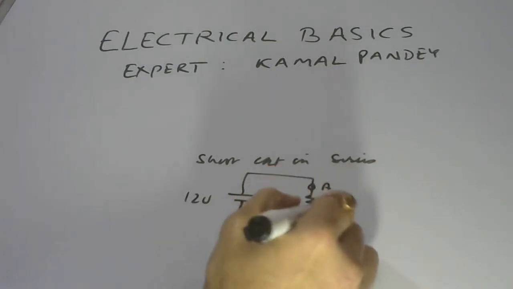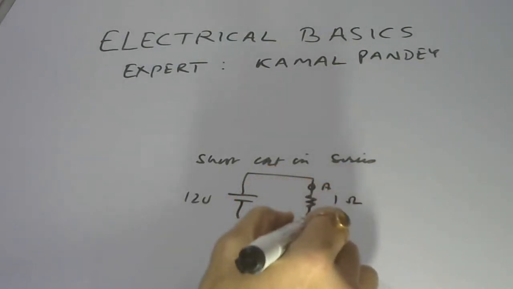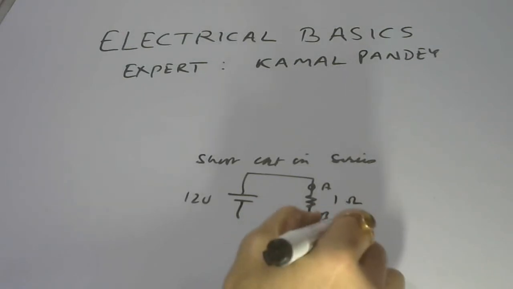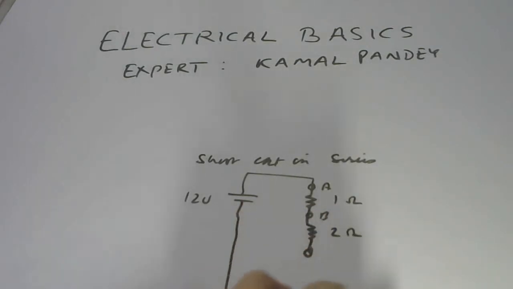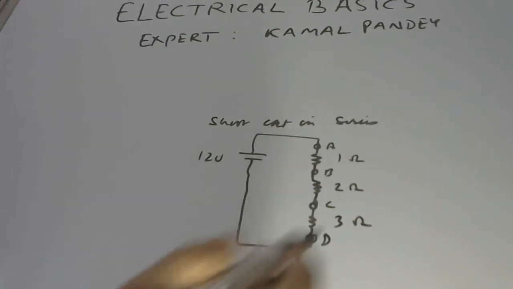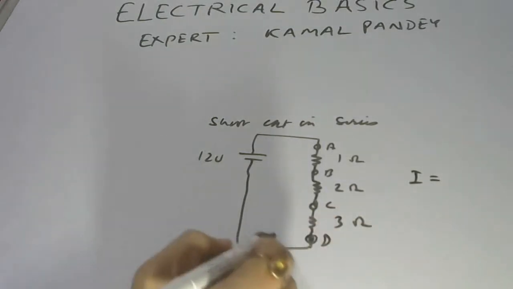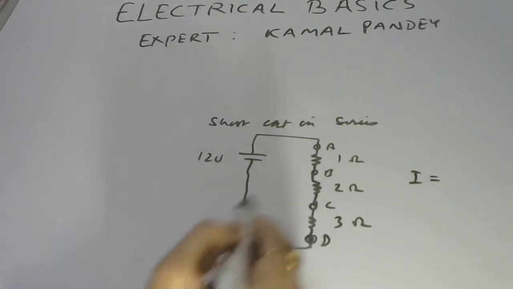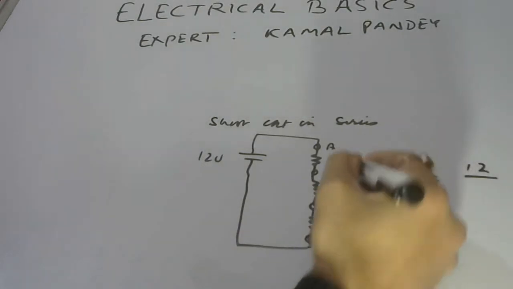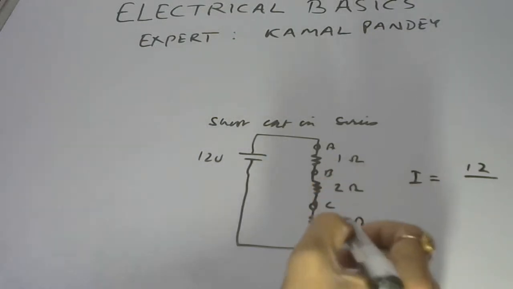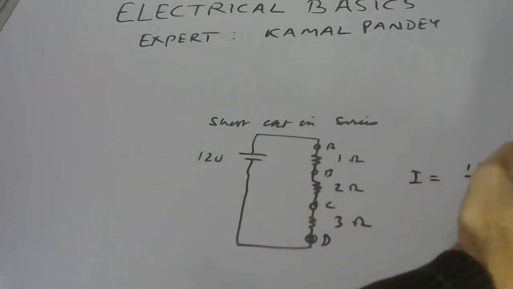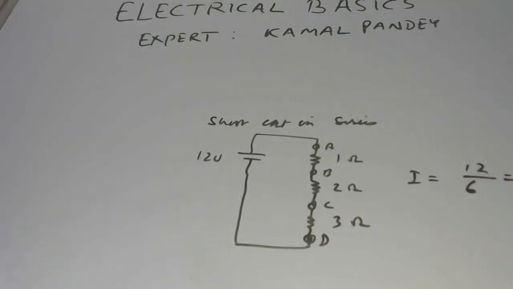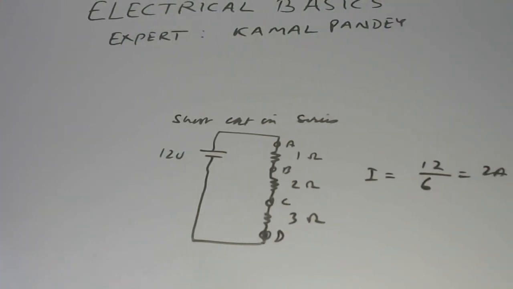This is A terminal AB, 1 ohm resistance is connected, BC 2 ohm resistance connected, and here C and D, this point is D, 3 ohm resistance is connected. Now normal value of current when no short is made is given by 12 divided by 1 plus 2 plus 3, that is 6. That means 2 ampere current will flow through the circuit if no short is made.